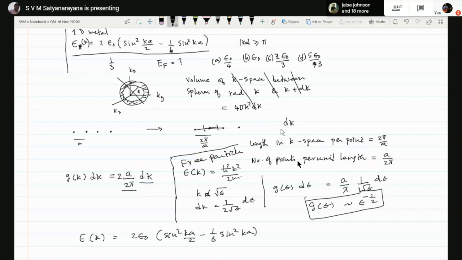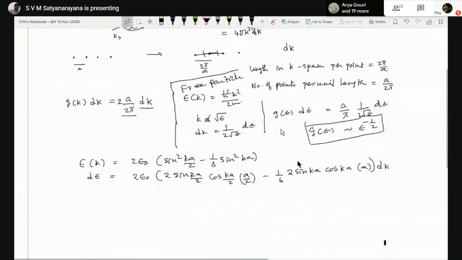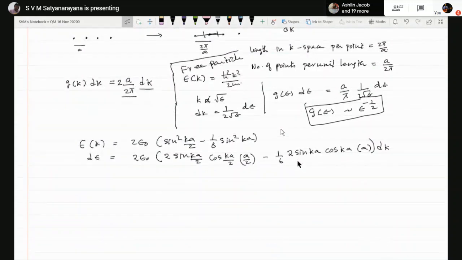So if you ask what is d epsilon, that will be equal to 2 epsilon naught into sine Ka by 2 into cos Ka by 2 into A by 2, minus 1 by 6 sine Ka plus A, whole thing into dk.